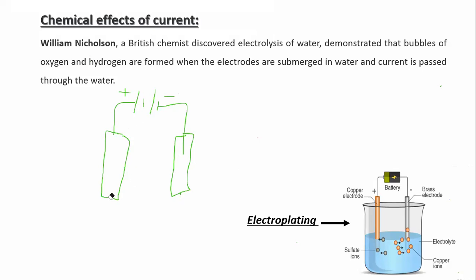But he didn't complete the circuit by using any solid conductor like this. What he actually did, he used water to find out its chemical effects. He used water and submerged those electrodes into the water bath.